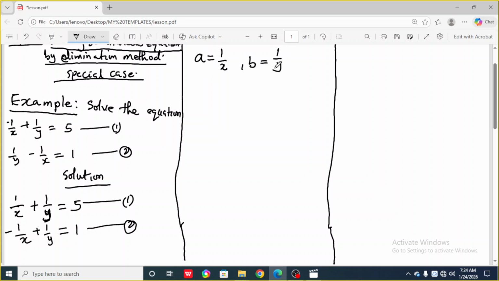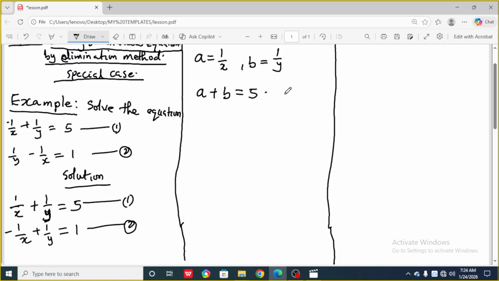Having this now, it means equations 1 and 2 will change, because we need to substitute a for 1 over x in equations 1 and 2, and substitute b for 1 over y in equations 1 and 2. So equation 1 becomes a plus b equals 5.